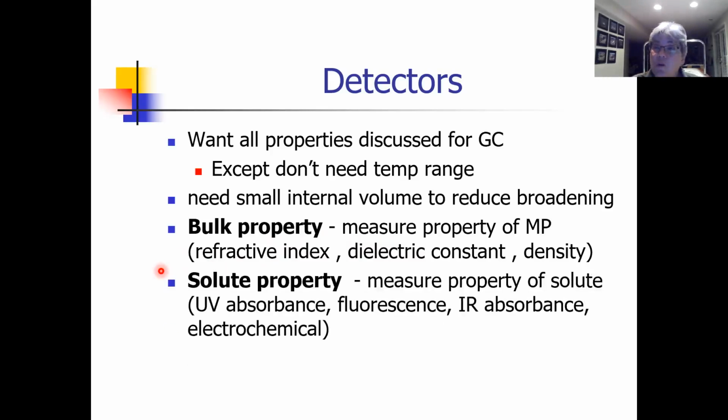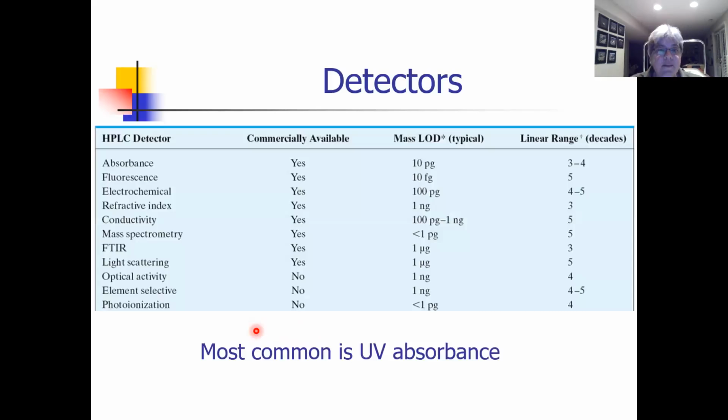These respond only to the solute. So your mobile phase gives it a low signal or zero signal, and then when your solute comes, you get a signal. And some common ones would be UV vis absorbance, IR absorbance, electrochemical, okay, and we'll look at a couple of those.